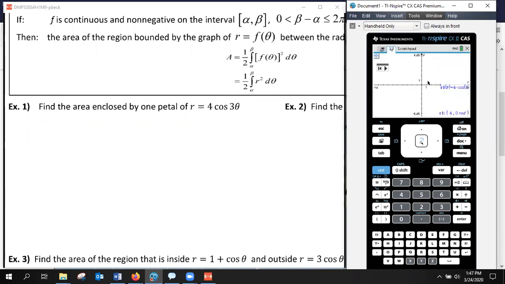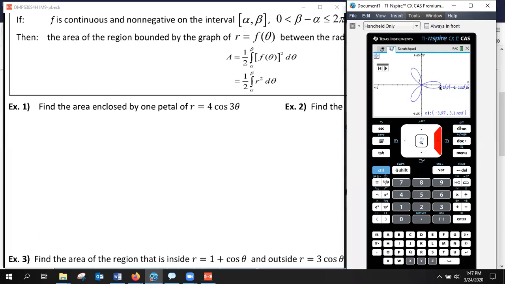There you go. All right, so if I want to find the area of one petal of this, I do want to understand how this graph is being traced. This is where I want you to use your graphing calculator, use your Inspire to help you understand the graph.